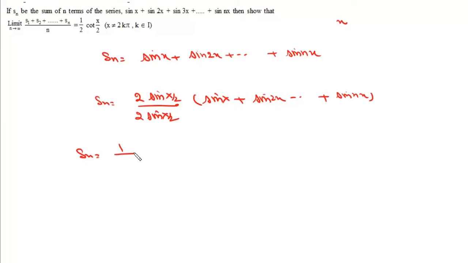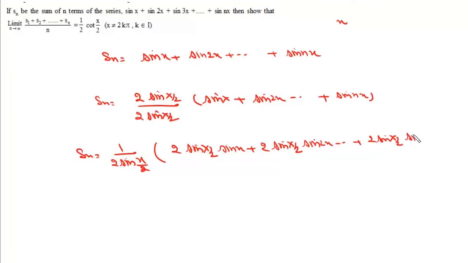Now we like this is 1 upon 2 sin x by 2, and will be 2 sin x by 2 into sin x, 2 sin x by 2 into sin 2x, 2 sin x by 2 into sin nx. Now will be 1 upon 2 sin x by 2.